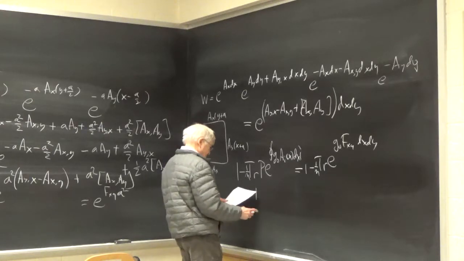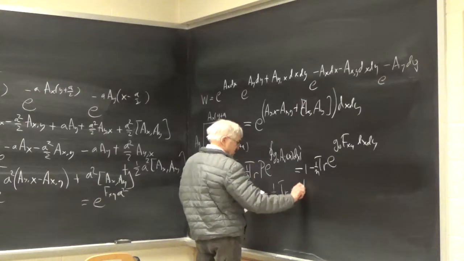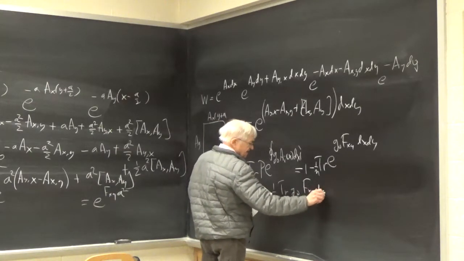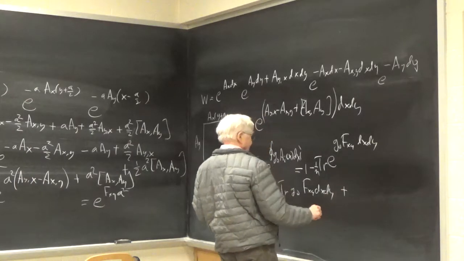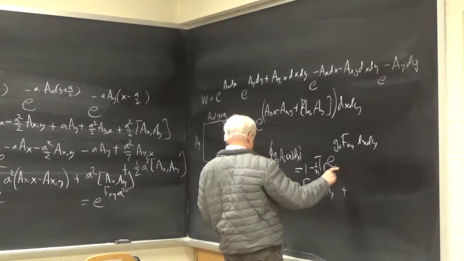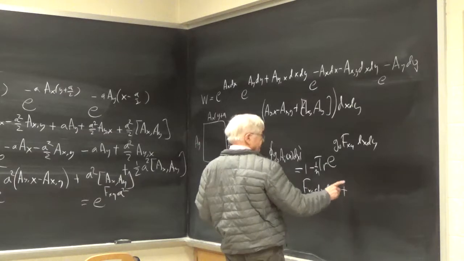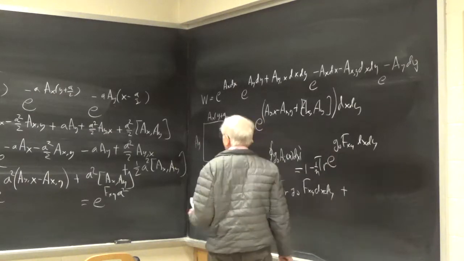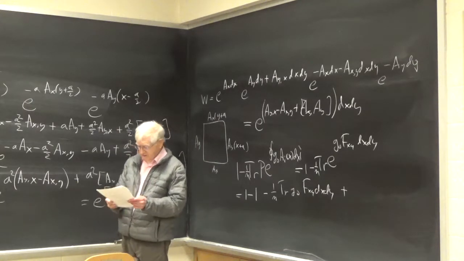And then the next terms are minus 1 over n trace g0 F_xy dx dy, and then plus, now let me get this, so let's see, we need to keep track of the i's.